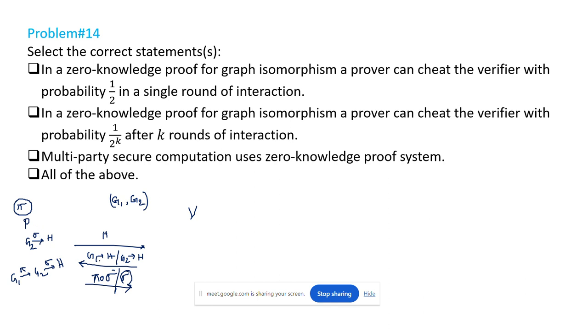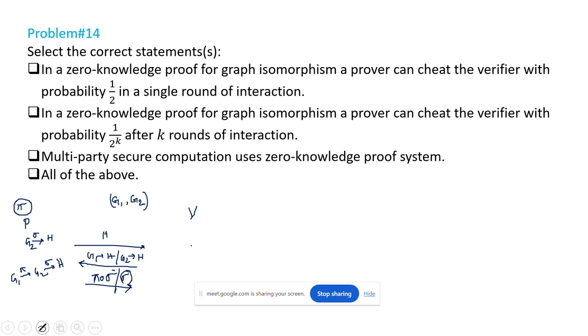So returning sigma correctly does not necessarily prove that the prover has access to pi. But if this query is repeated a sufficient number of times, say k times, and each time the prover has responded correctly, then if the prover wins all these k instances of the challenge response game, it can cheat with probability 1 by 2 power k, and if k is sufficiently large, then 1 by 2 power k is negligible.